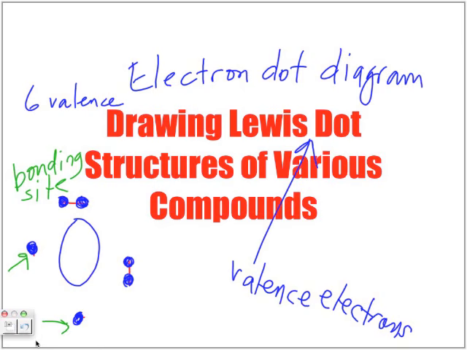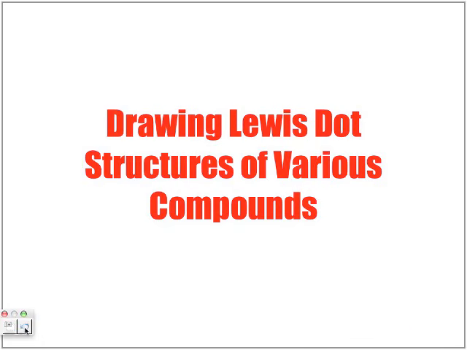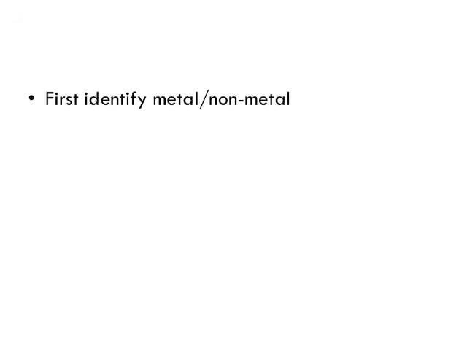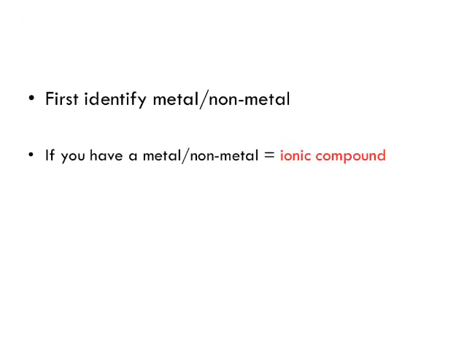Okay, so let's look at a few other rules when drawing these compounds. So first, identify metal, non-metal. Really, really important, because this is going to determine how we are actually going to draw our structure. Next, if we have a metal and a non-metal, we have what we call an ionic compound.